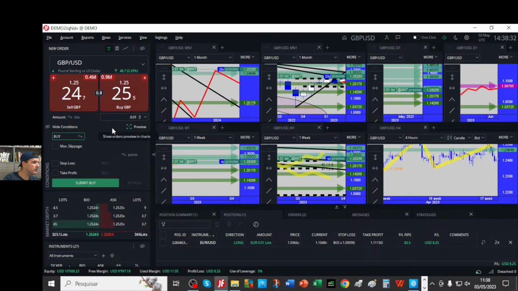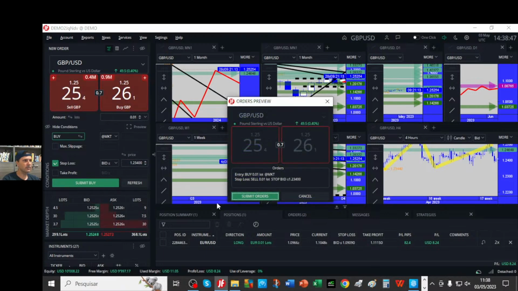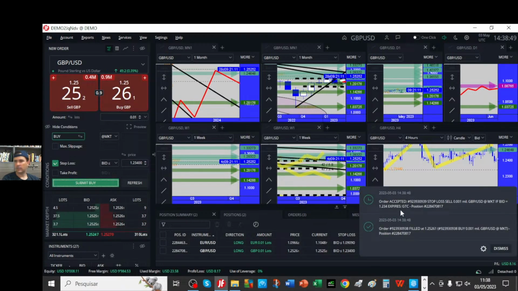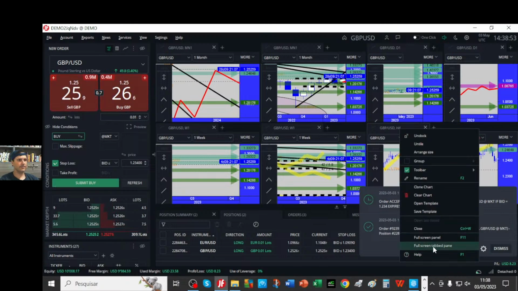Buy the market, alright. Stop loss $1.234. Submit. There you go. Take profit 221. Very good.